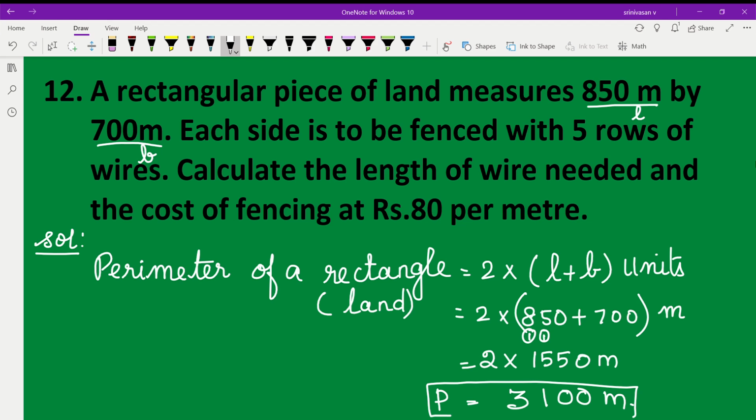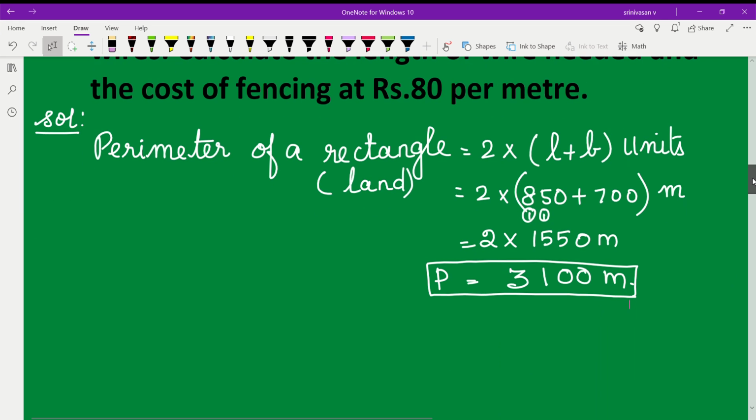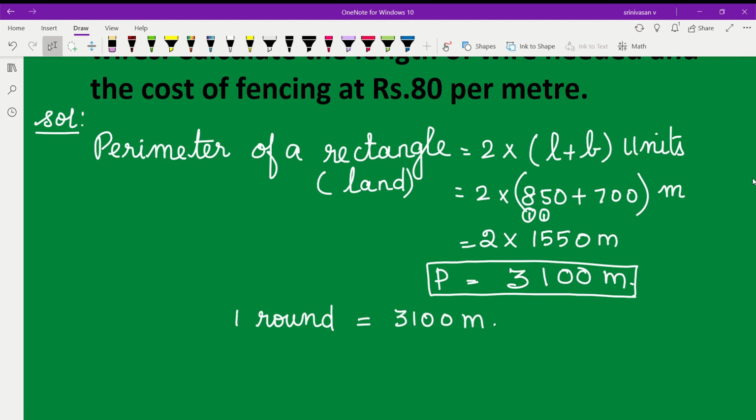Now we got the perimeter and they have given that 5 rows of wire they are going to fence. The perimeter we have found is for 1 round. Now we need to find for 5 rounds. 1 round equal 3100 meter.